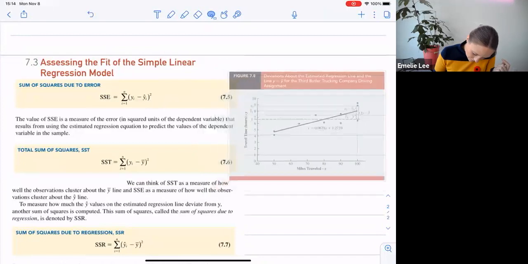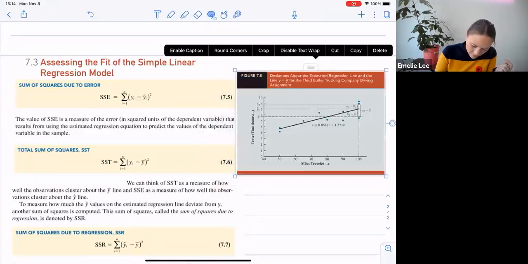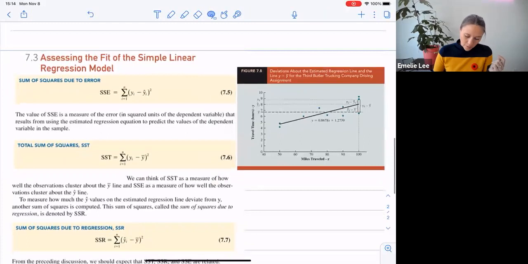So we want our line to fit the data or to model the data well. And so what we do is we say that we're assessing the fit of the simple linear regression model, right? So does our model do a good job of modeling the data, right?